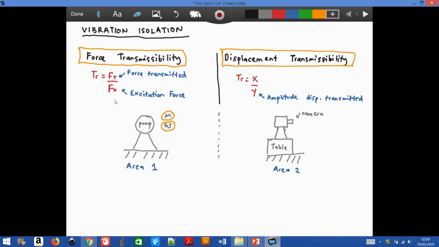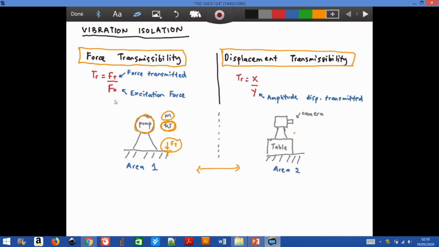And for the second area, I have a camera, which is located on a table, and this area is located next to the first. So if the pump is running at a certain omega, it will vibrate and force will be transmitted to the ground in area 1, and at the same time the camera will also vibrate due to the force transmitted on area 1.